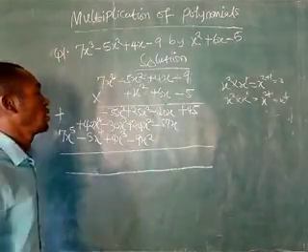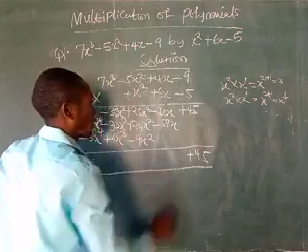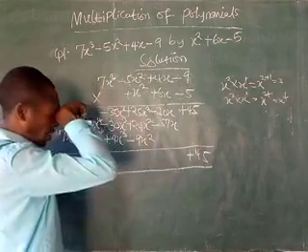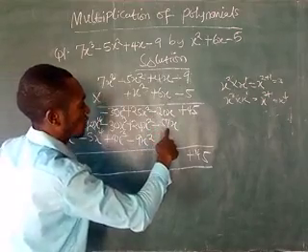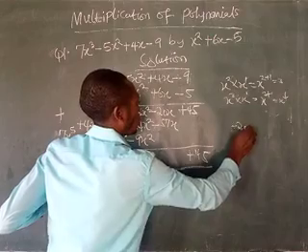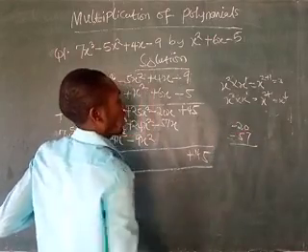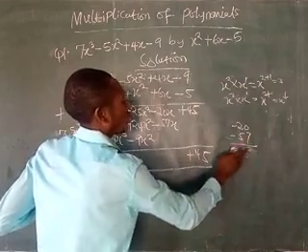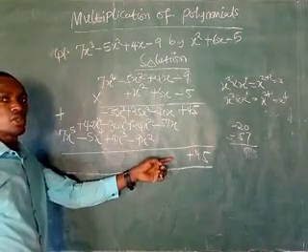Now we'll add this. Nothing is here, we'll bring down plus 45. The next one, we're adding, taking note of the signs: minus 20 minus 57. This is what we have. If you have anything like this, what you do is just add the numbers and attach a minus sign to it.